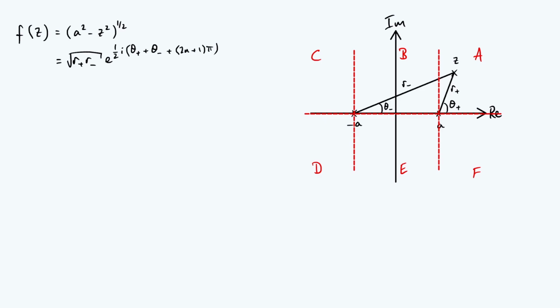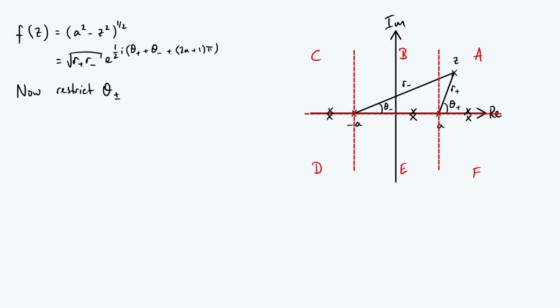So for example, we might choose a point here in region A, a point here in B, here in C, and then here in D, here in E, and here in F. So we're just focusing on z being a complex number that has an infinitesimally small imaginary part. This might seem like a bit of a random thing to do, but it is going to make sense if you stick with it until the conclusion.